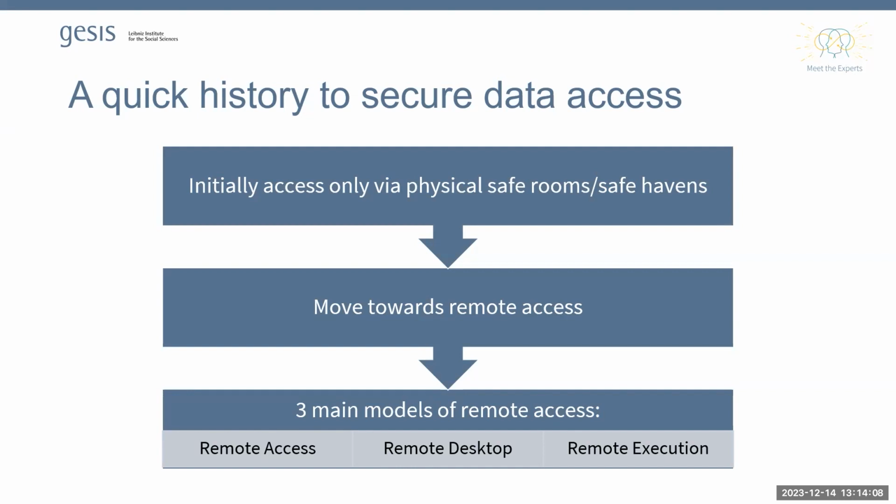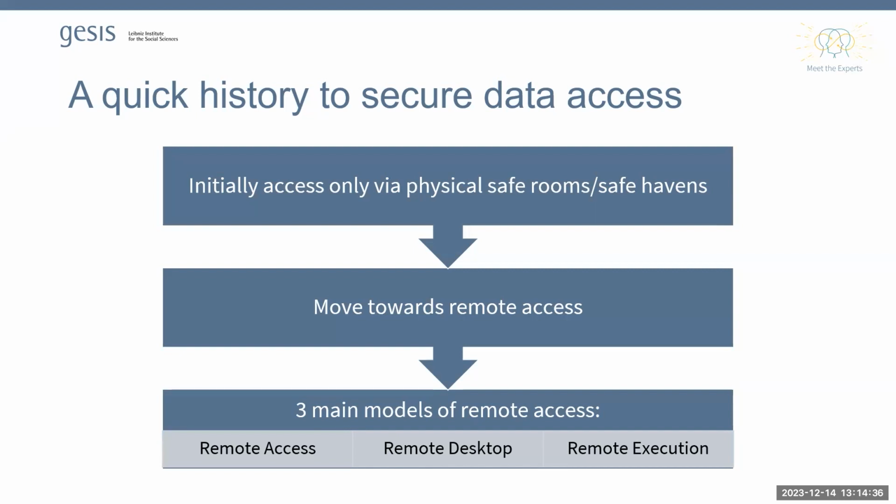In Germany, we do have remote access. It's newer here. So for a lot of services, we still have physical safe rooms as the dominant access route, but we are making great progress towards opening up remote access. And there are three main ways that we can do this: remote access, remote desktop, and remote execution.